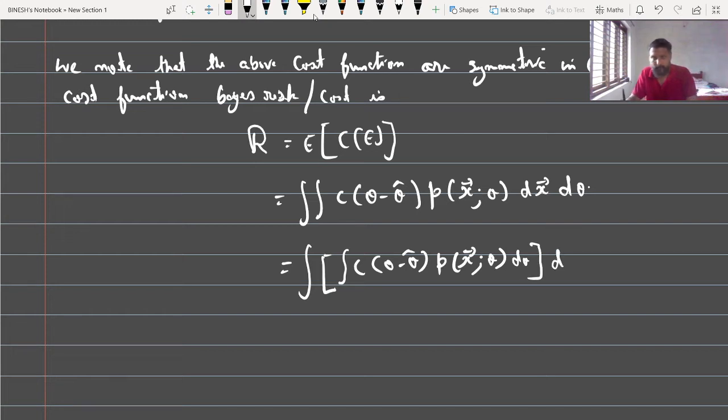Sorry, this I can change it as P of theta given x, d theta, P of x into dx.